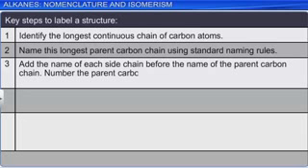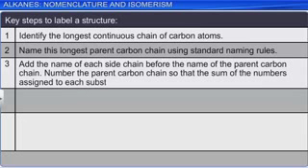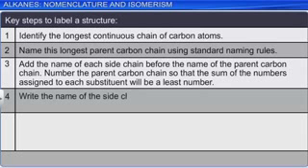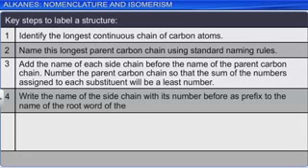Number the parent carbon chain so that the sum of the numbers assigned to each substituent will be the least number. Write the name of the side chain with its number before as prefix to the name of the root word of the parent carbon chain.